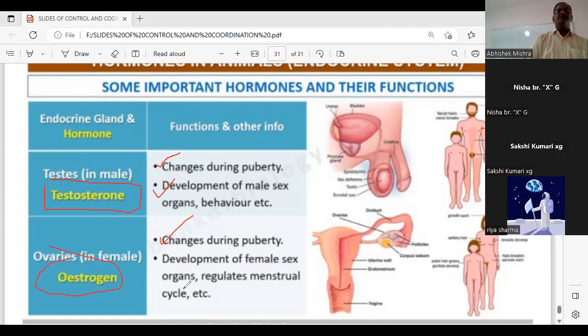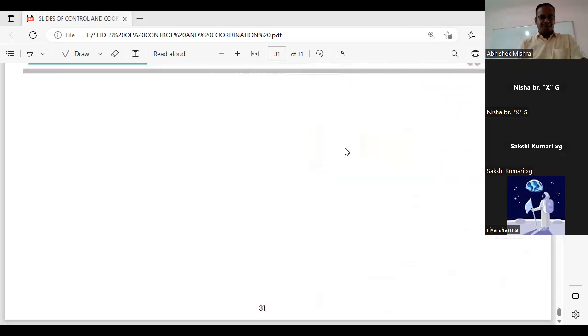Remember, students, in class 10 in the chapter How do organisms reproduce, which we will do after half yearly, there also in detail we have to study the structure and function of the male and female reproductive systems. But in this chapter, what we have to study is the names of the hormones. So testosterone is secreted from the testes, and estrogen is secreted from the ovary.